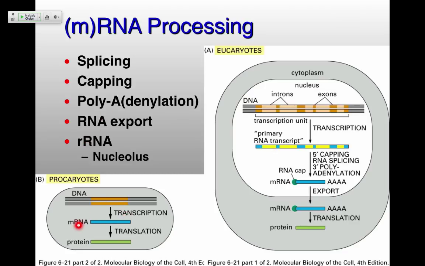So the messenger RNA, once it's been transcribed by the RNA polymerase, can be translated directly. This is a very efficient way to make proteins. But it doesn't allow you the regulation, which seems to be important for us and the other eukaryotes.